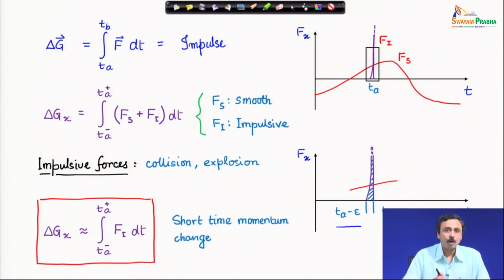Therefore, the change in momentum of the particle will come only from the impulsive force. The smooth forces do not contribute appreciably, but remember, this holds over this very short time interval.